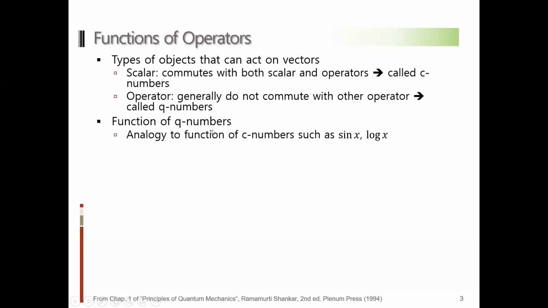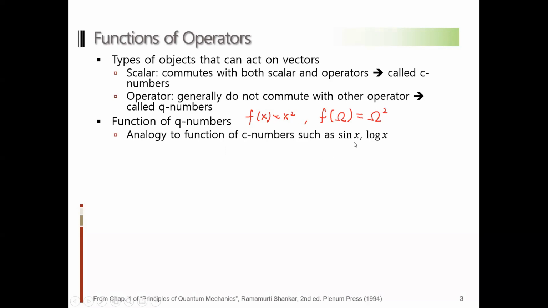So probably the easiest example of a C number function is, if we have x, f of x equals x squared, then if we have the function of omega, this will be a very obvious analogy between the C number function and the Q number function.